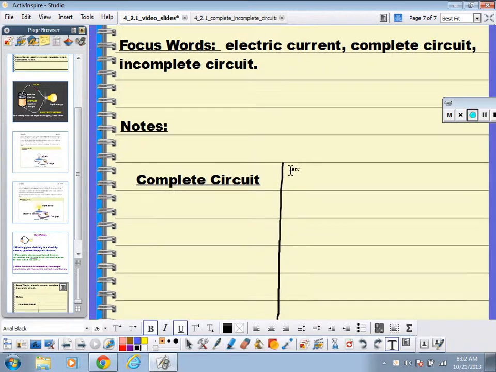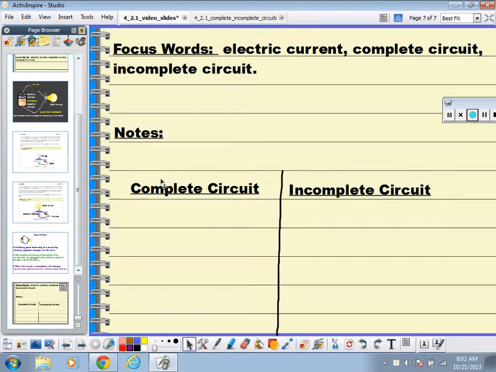And on the other side of the line, you're going to draw an incomplete circuit so that you can remember what those look like. So go ahead and see if you can draw your complete circuit and your incomplete circuit. And you can watch me. I'm going to draw them right now if you're a little unsure about what to do.